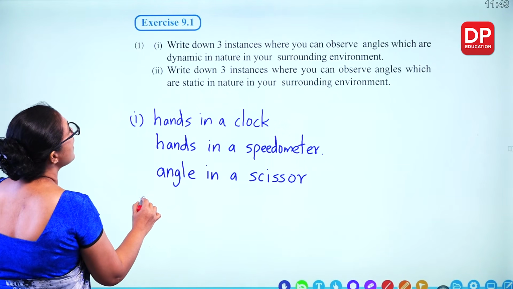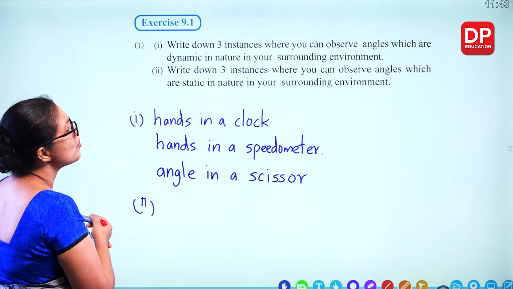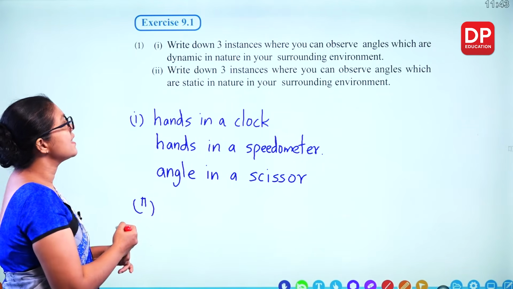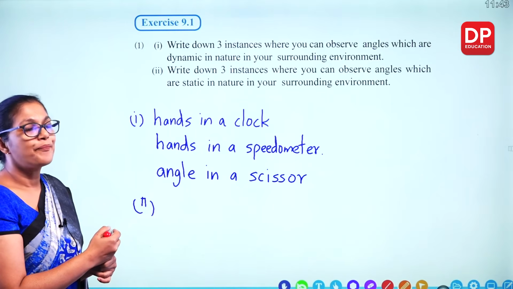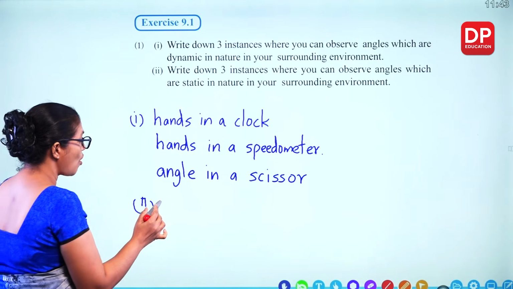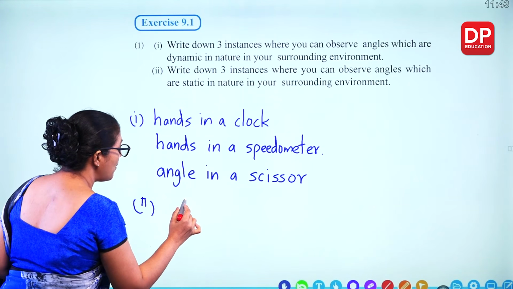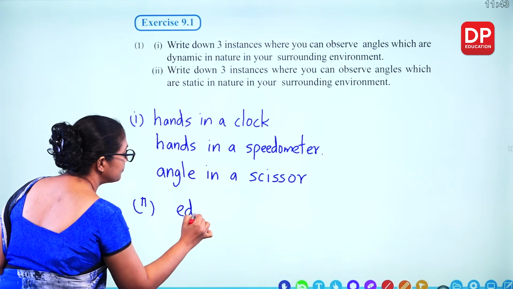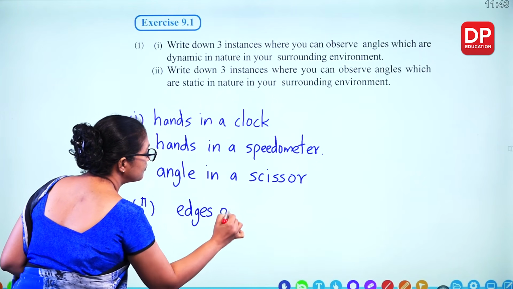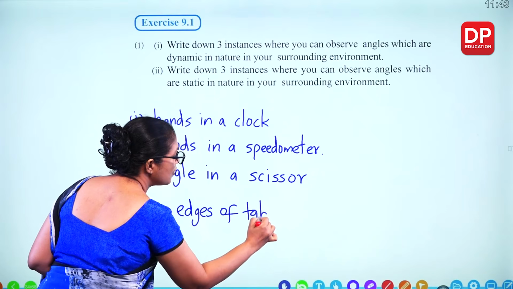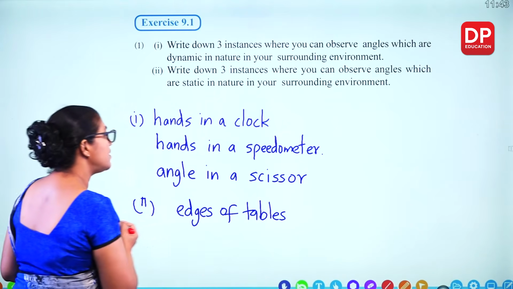Second one, write down 3 instances where you can observe angles which are static in nature in your surrounding. So edges of a table, that's fixed, not moving. So angle is not changing.